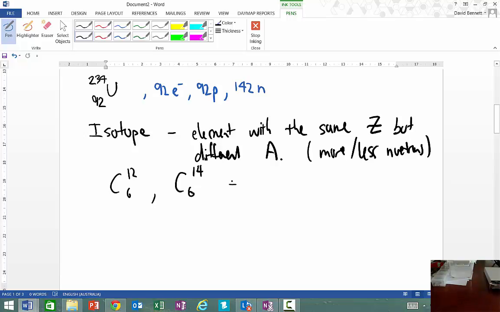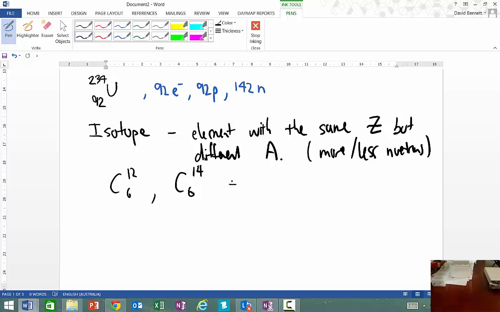Naturally occurring carbon is both carbon-12 and carbon-14. Anything organic will have a mixture of those, because carbon-14 is in the atmosphere, so anything organic that takes in air will have a ratio of carbon-12 to carbon-14. When something dies, it's no longer bringing carbon-14 in, and if you know the half-life of carbon-14 and can work out how many half-lives have passed, you have a way of working out how old something is. That's what carbon dating is all about.